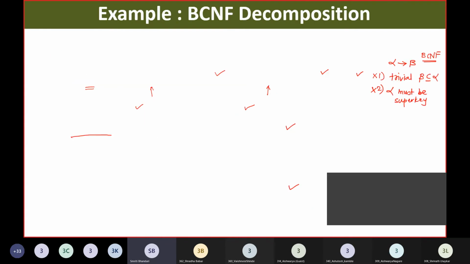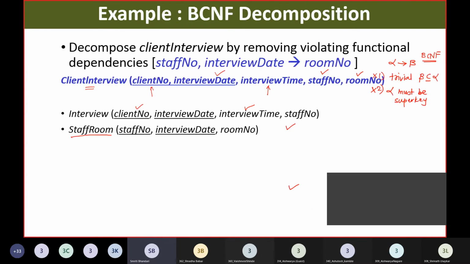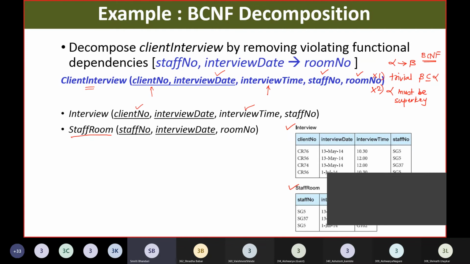So what we have done now is we have converted this relation into BCNF by making use of this dependency, staff number, interview date determining room number. Right? And we have come up with this separate relation staff room, wherein we have staff number, interview date and room number.